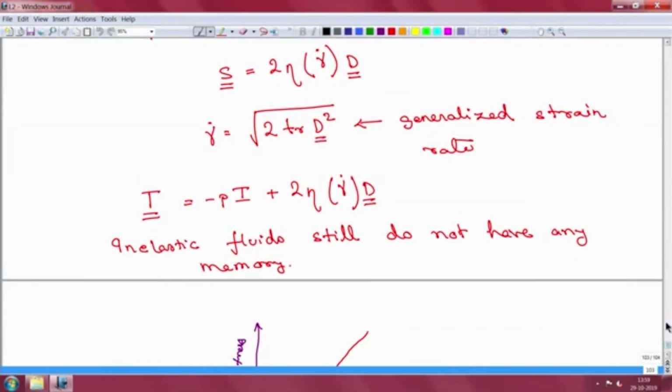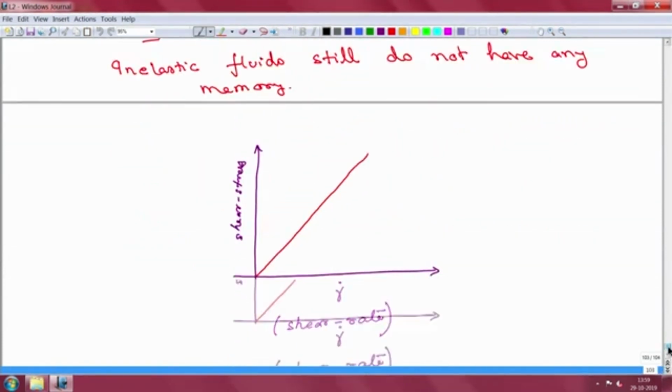And before that, we had also discussed the generalized strain rate, and what we had done was we had just started plotting the shear stress versus the shear rate, and we had drawn one straight line, and this straight line is essentially representative of a Newtonian fluid.